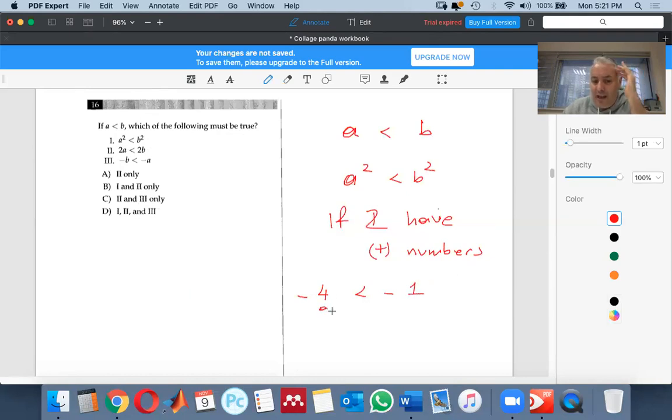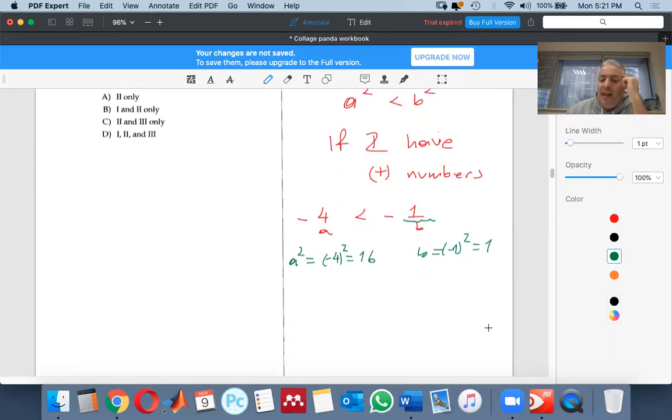So this is A, this is B. When you take A squared, what will it be? -4 squared, which is 16. When you take B squared, -1 squared, which is 1. So can you say that A squared, which is 16, is less than B squared, which is 1? I mean, 16 is less than 1. Can you say? No, sir.